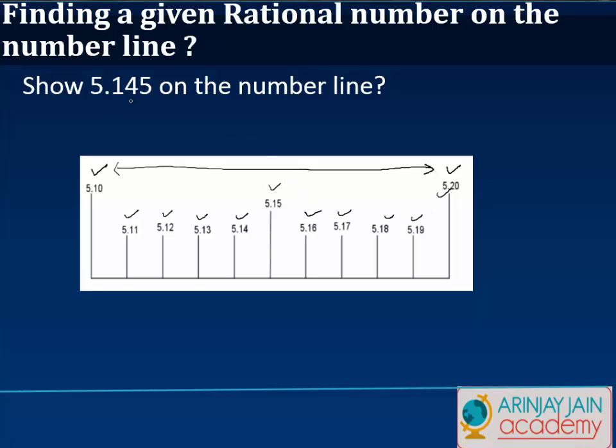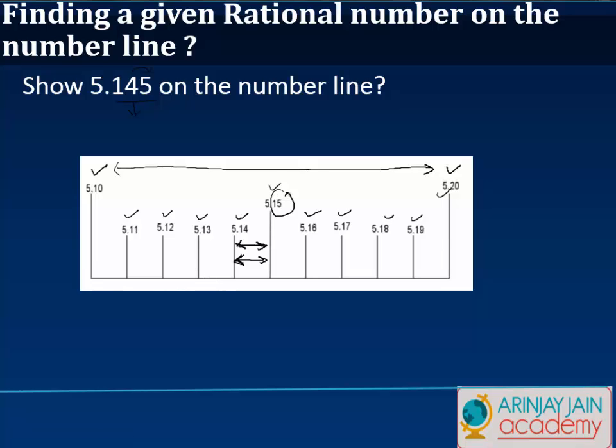Now 5.145 basically, again, if you see, it is like 5.14, right? And since it is more than 5.14, it has to lie to the right side of 5.14. But it is also less than 5.15. So again, it has to lie necessarily between these two areas, right?